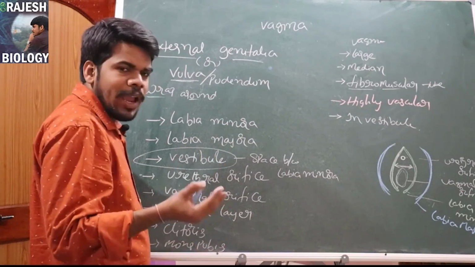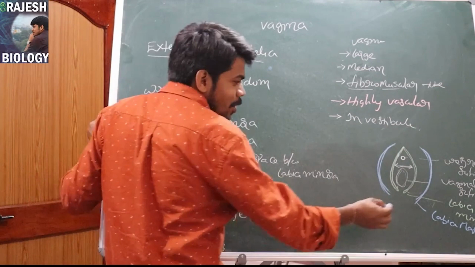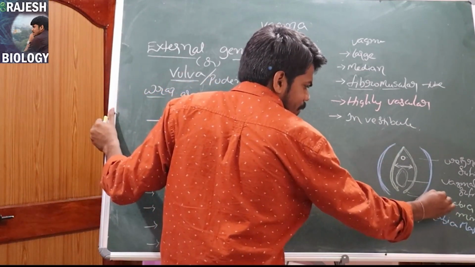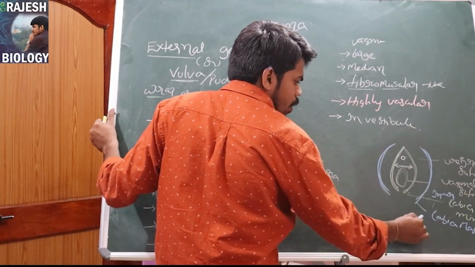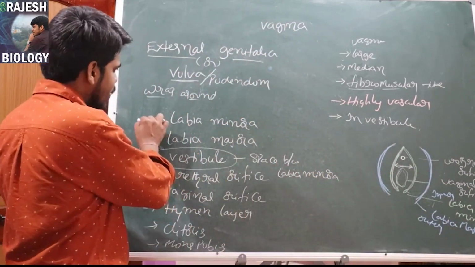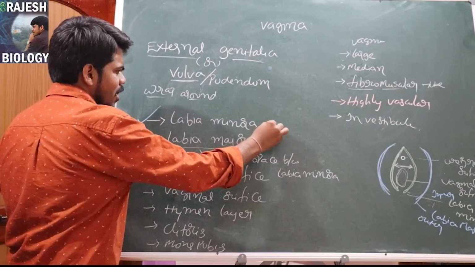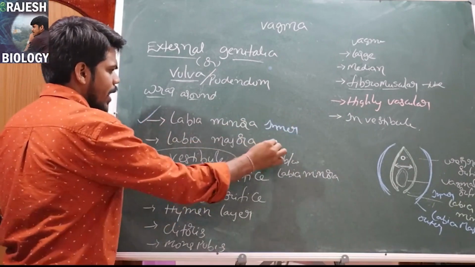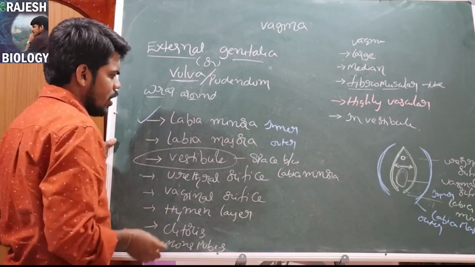Majora means big, minora means small. So labia minora is inner and labia majora is outer.